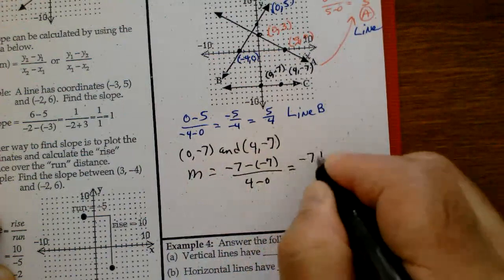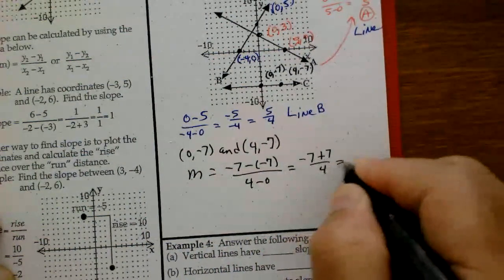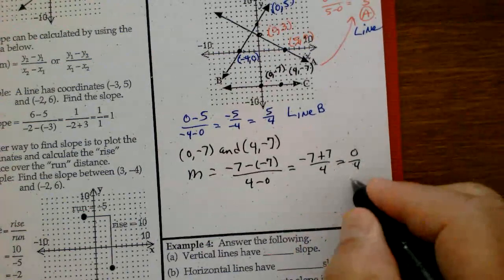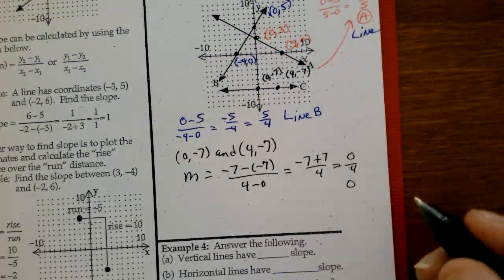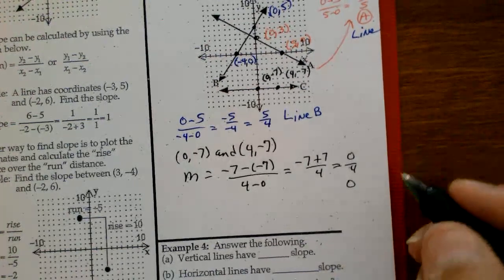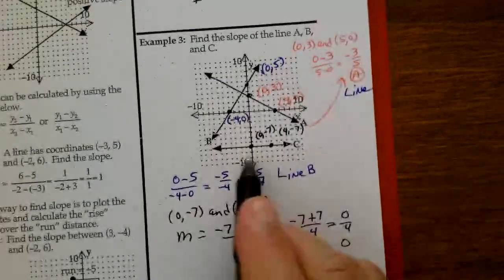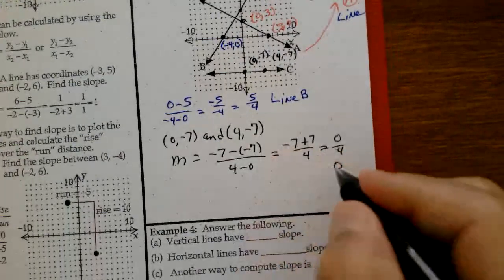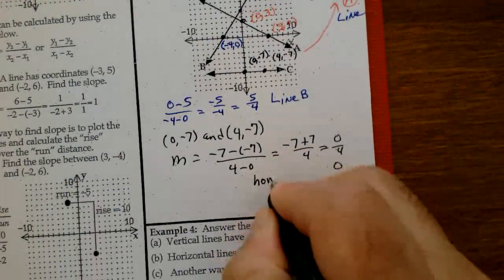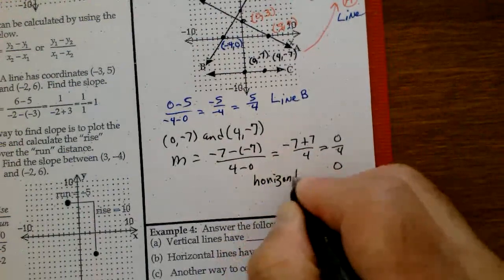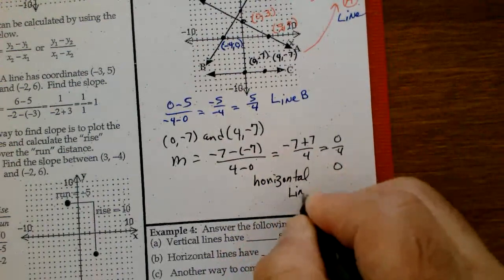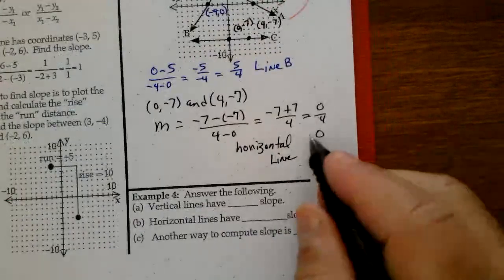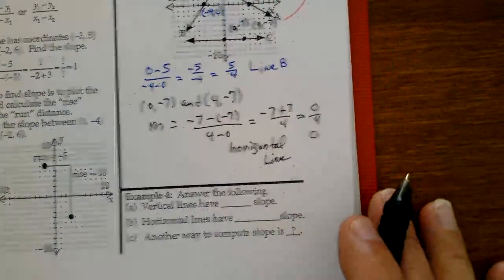And you're going to get negative 7 plus 7 over 4, 0 over 4. And as you could see, this is going to be 0. All right. So we can see quickly that any horizontal line, left to right, is going to have a slope of 0. I'm going to call this a horizontal line. That's what happens when you are finding the slope of a horizontal line.